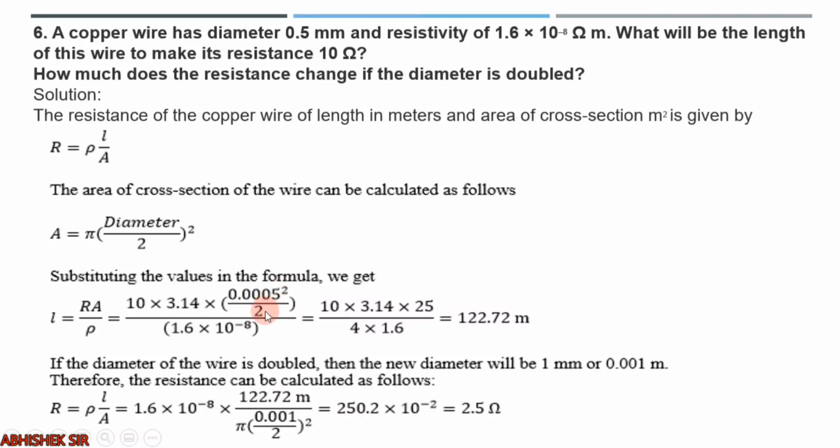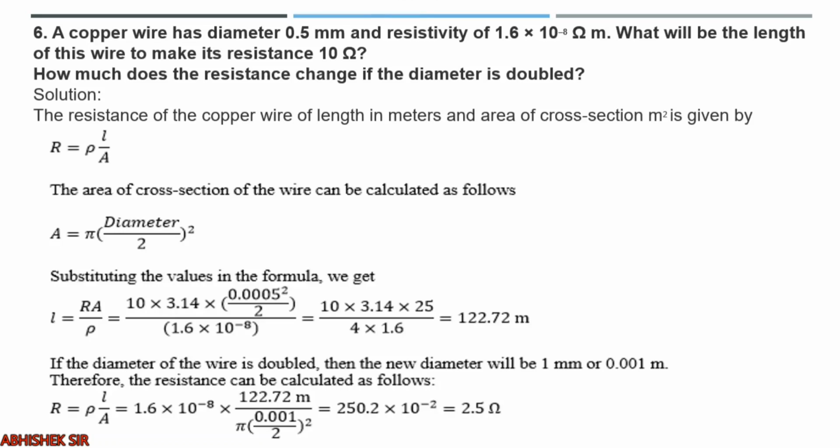So 0.0005 by 2 square, that will be the pi r square area, upon resistivity, which is already given, 1.6 into 10 to the minus 8. So basically you just put in all the values as per the units, and if you calculate it properly it will be 122.72 meter. Okay, so this is our first answer. Just one formula we have used.